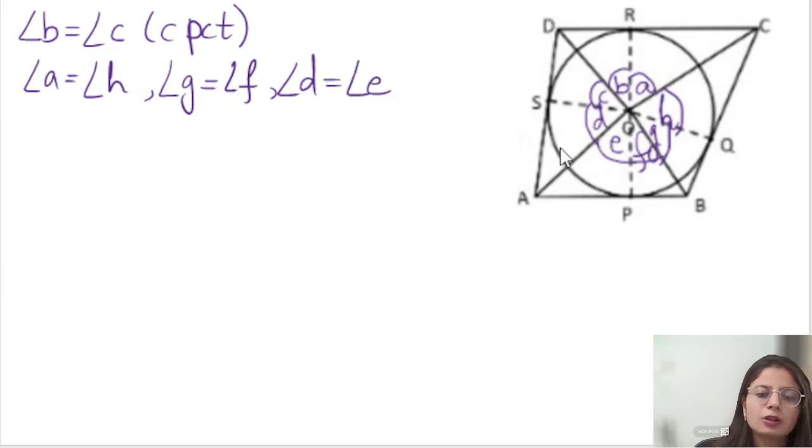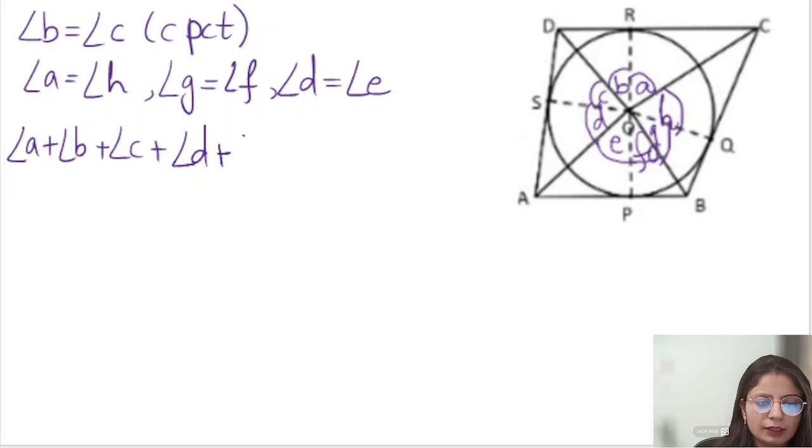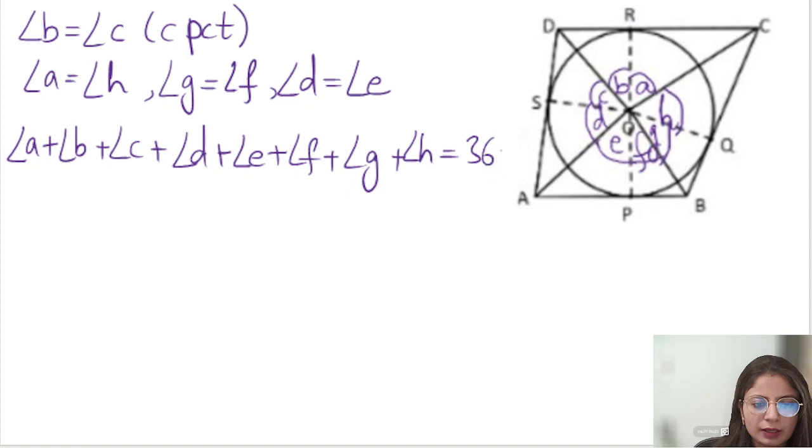Now the sum of all 8 angles would be 360 because they form a complete angle. Now angle A plus angle B plus angle C plus angle D plus angle E plus angle F plus angle G plus angle H would be 360, right?